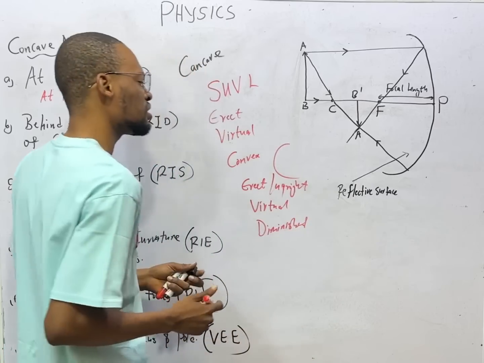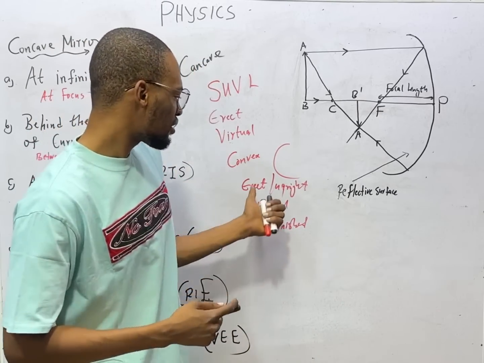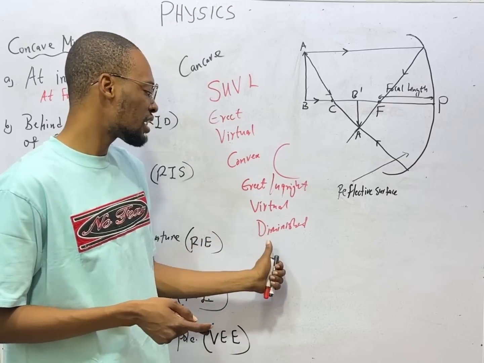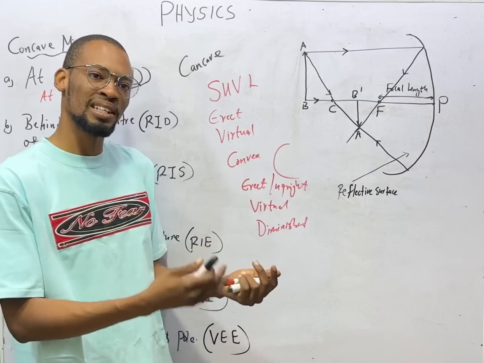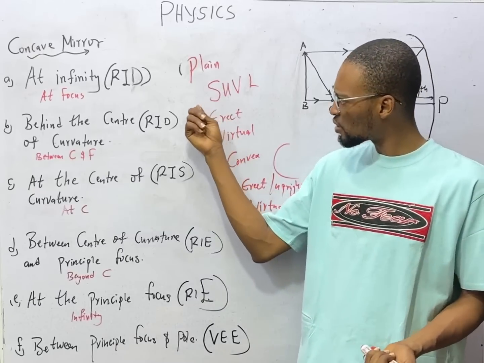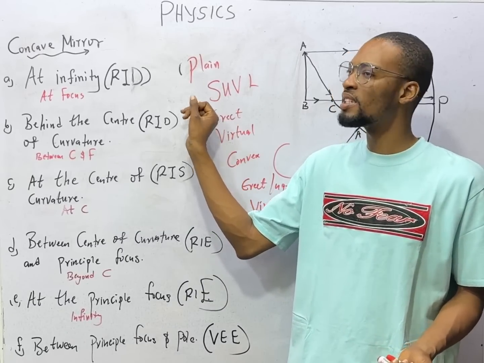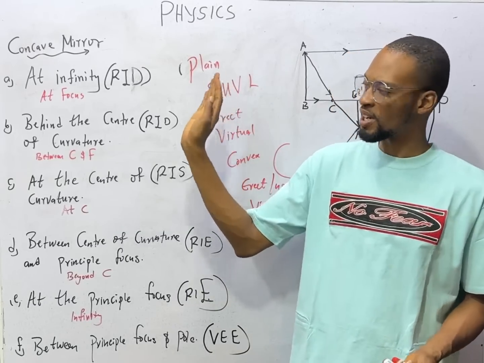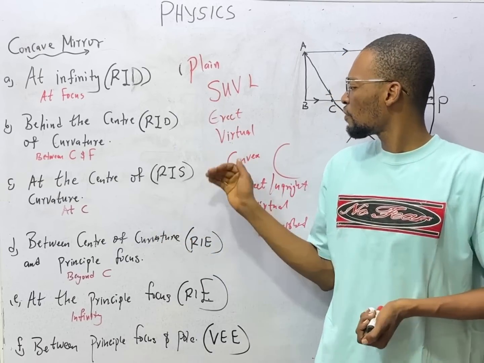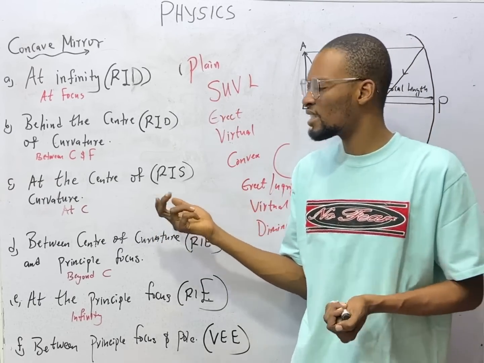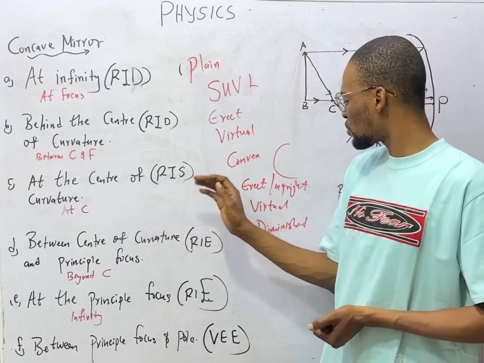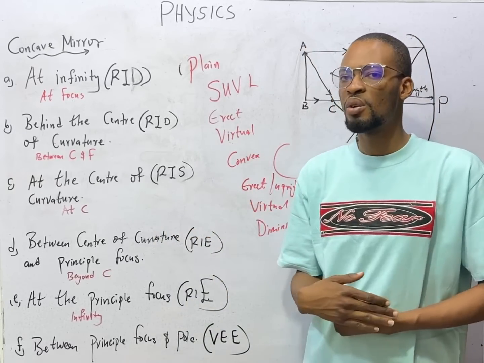So for convex mirrors, images are erect, or upright, they are virtual, they are not real, and they are diminished. They get smaller; they are smaller than the object. Plane mirror, understood: same size as the object, the images are upright, erect, virtual, and laterally inverted. For convex mirror, the images are always erect, or upright, virtual, and diminished. Understood.